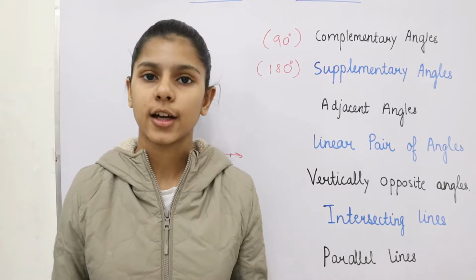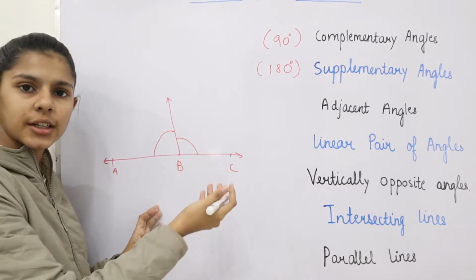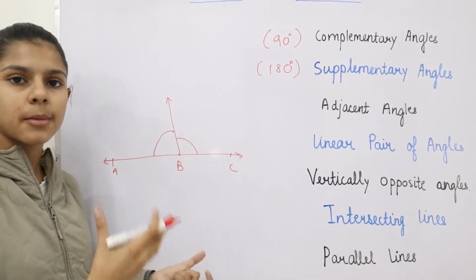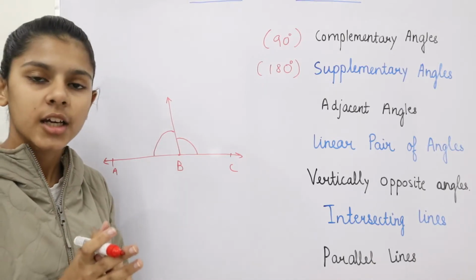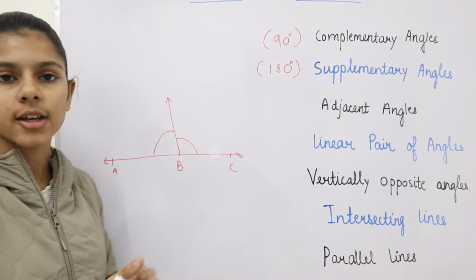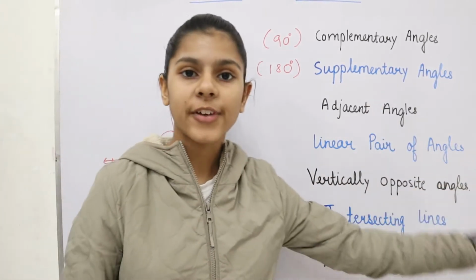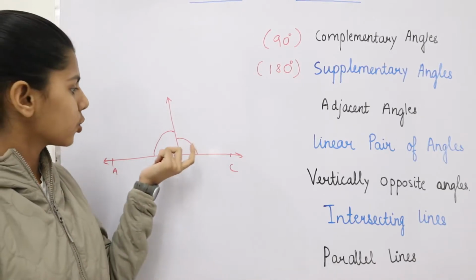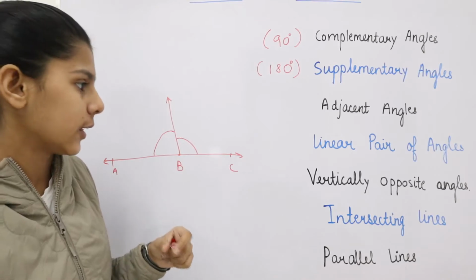Straight angle is an angle which is 180 degrees on a straight line. So angles on a straight line, their sum will be 180 degrees only. It doesn't matter whether there are 3 angles or 4 angles. Angles on a straight line always have a sum of 180 degrees. This property is known as linear pair of angles. So these both angles are a linear pair because their sum is 180 degrees.